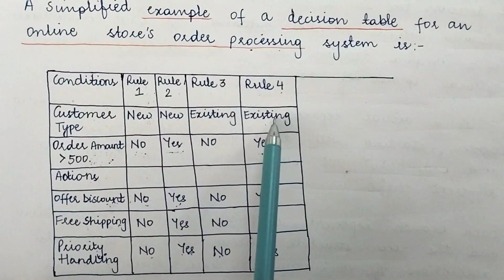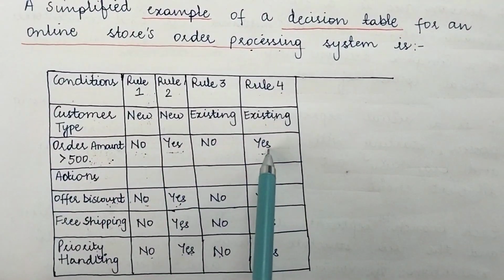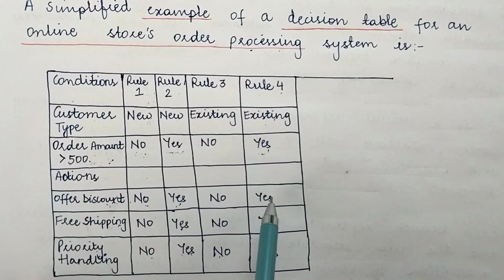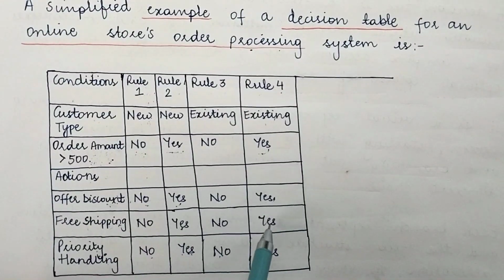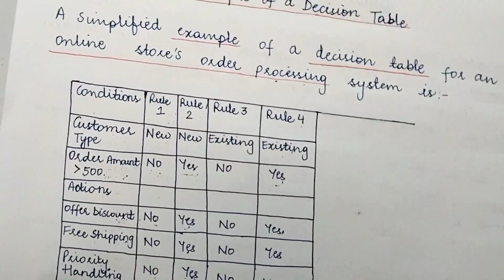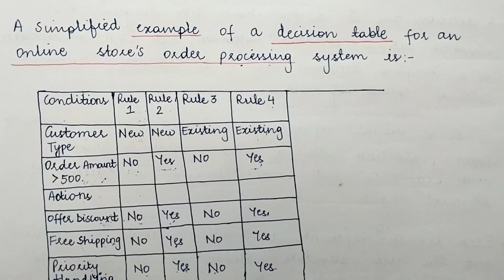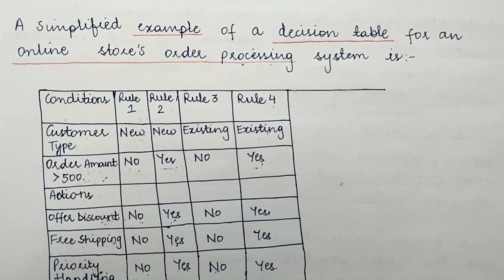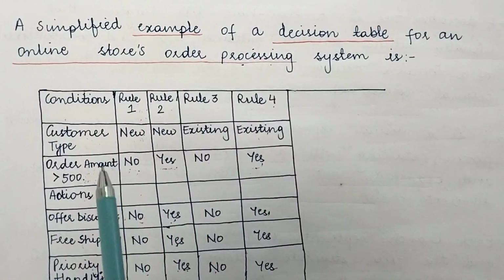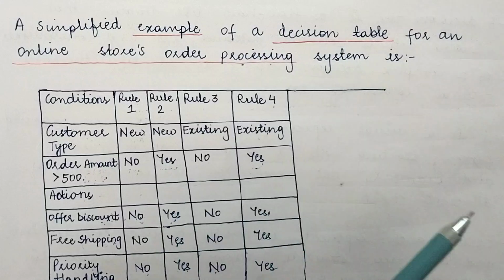So for an existing customer with order amount greater than 500, you have to give offer discount, you have to give free shipping, yes, and you have to do priority handling, yes. So this is the decision table for an online store's order processing system, and you can see here that you can identify and document various conditions, and you can see what corresponding actions you have to take according to the rules and conditions.